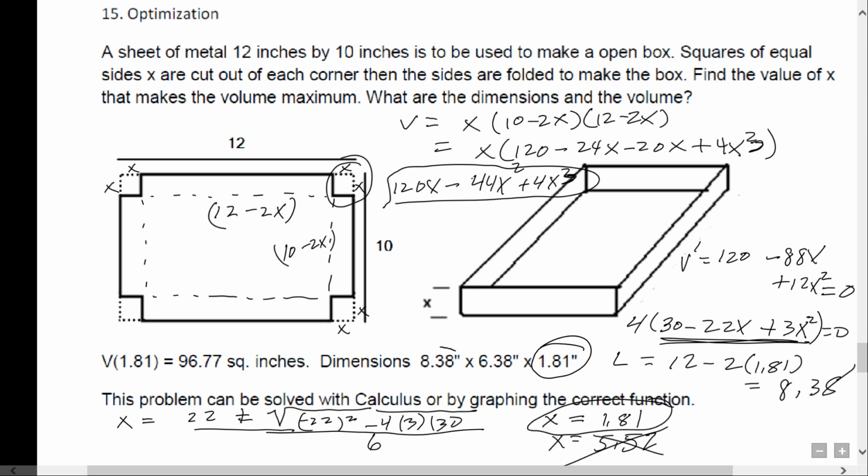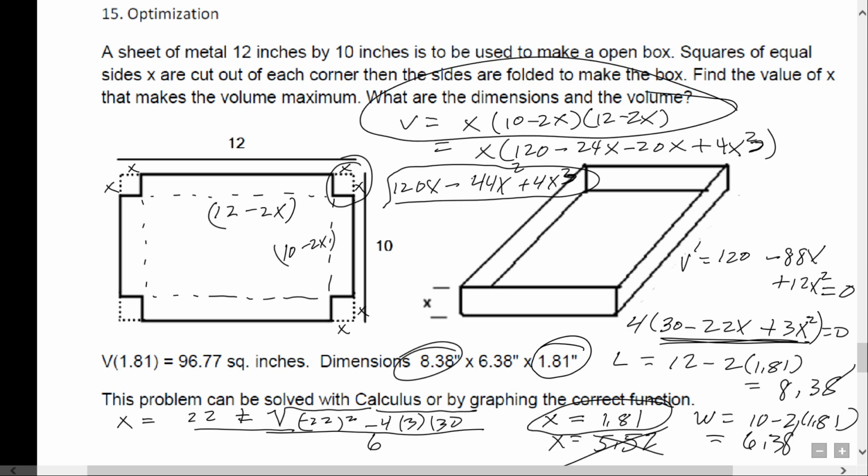The width of the box is going to be 10 minus 2 times 1.81, which is 6.38. Notice that you can also put this function in your calculator and very easily see that x is 1.81.